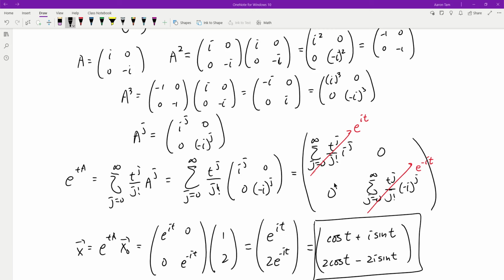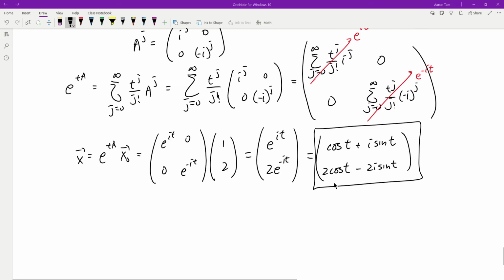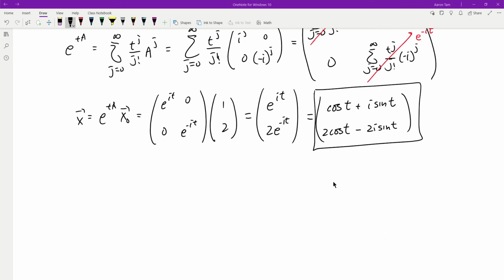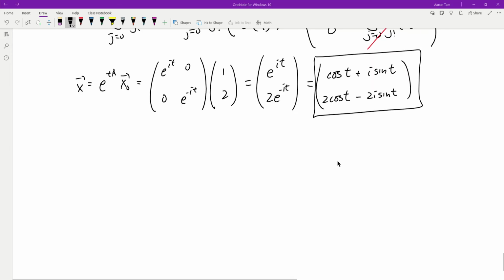Power series or infinite series, and figuring out whether they converge to something, don't seem like easy things to do. So is there a better way to calculate the matrix exponential?